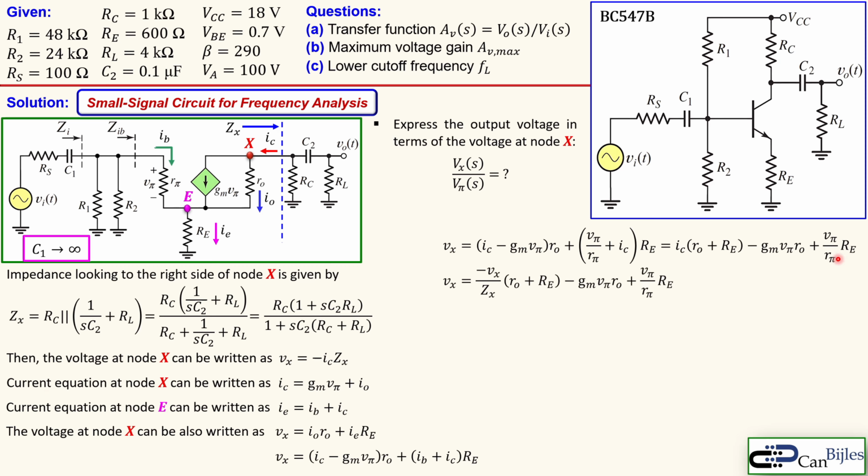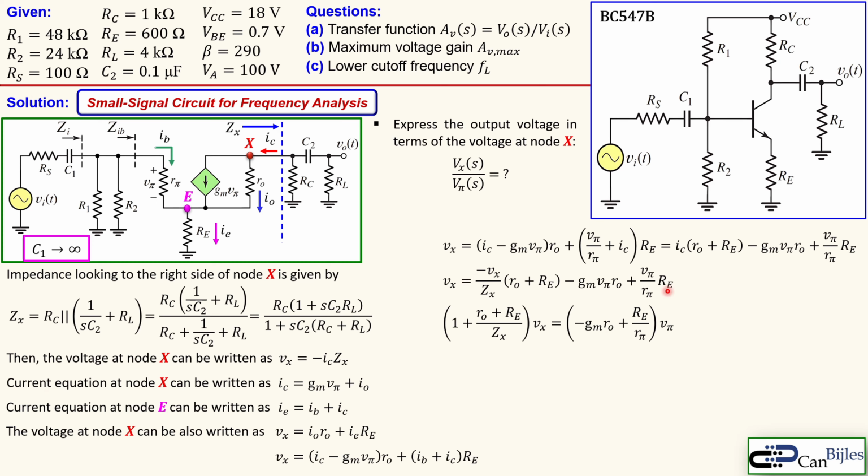Now we can also take out the V pi here, but first we will do the following. We can say the IC here again from this expression is actually Vx divided by Zx. That's actually shown here. And then we have again the same expression, and now collect the terms by making the following step. Left side and the right side, we can now take the parts where you see the Vx, so Vx here, and this Vx will be then placed to the left side.